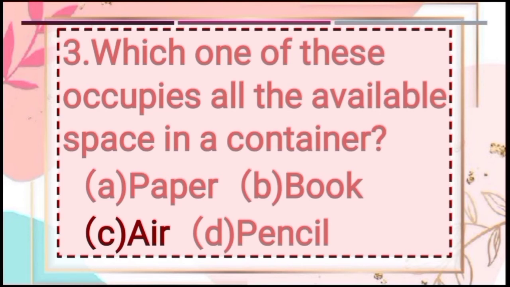Here option A, B and D are example of solids. But option C, air, is example of gas. Because gases are substances in which the particles are very loosely packed and they too have no fixed shape. And unlike liquids, they also occupy all the available space in a container.